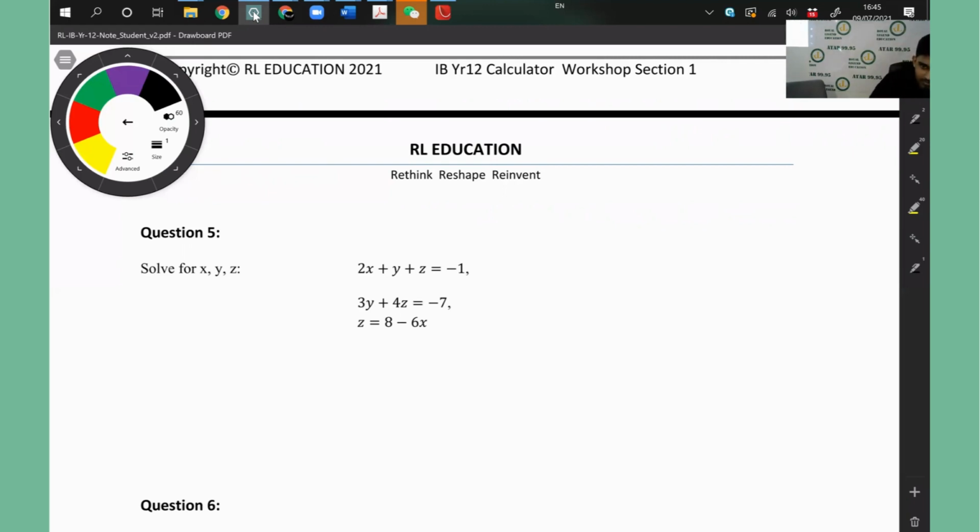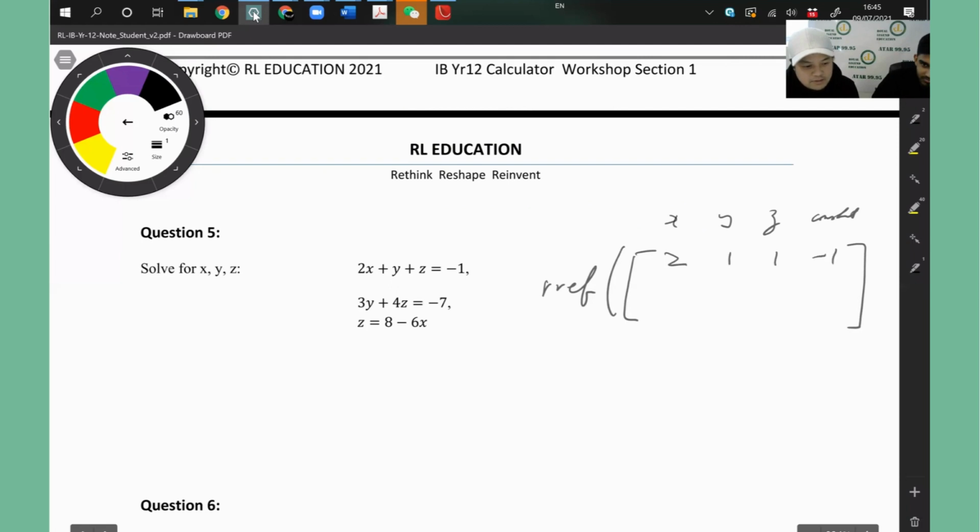Okay, so make sure in order: x, y, z, constant. So which means 2, 1, 1, minus 1. The first one is easy.